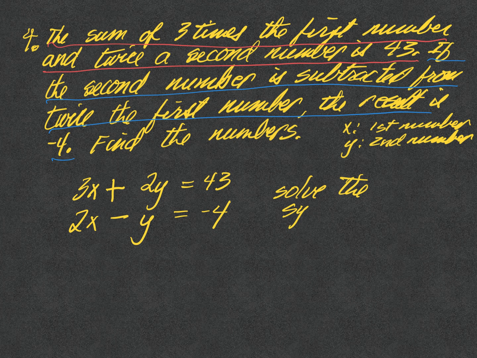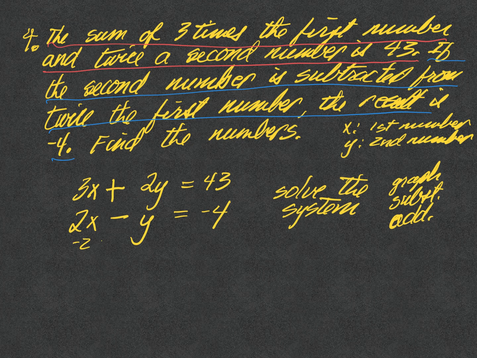All right? Now, you can solve it any way you want. You can solve it by graphing. You can solve it by substitution. Or you can solve it by the addition method, whichever method you want. So I'm not adding things right away here. So I will probably do substitution.